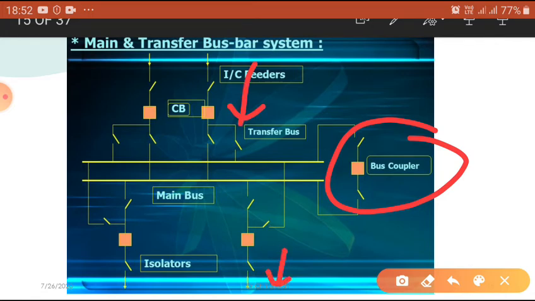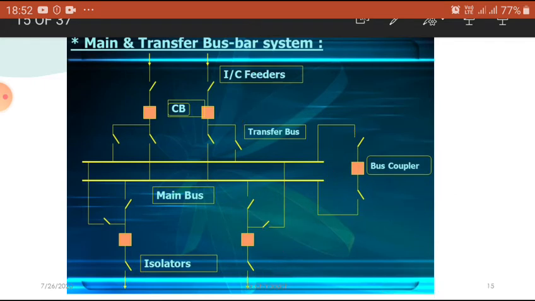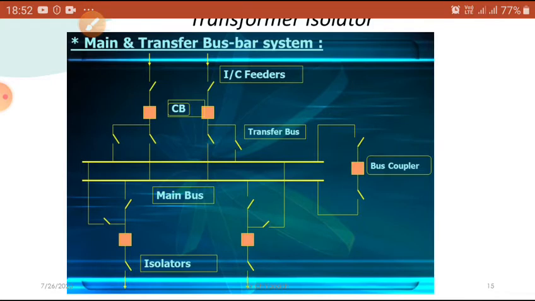Here I am using isolators. Where the main load energy is transferred to the transfer bus, at that place I am going to use these isolators. These isolators are known as the transfer bus isolators.